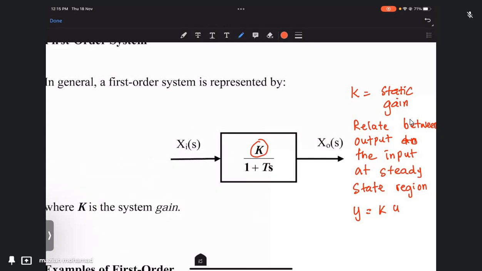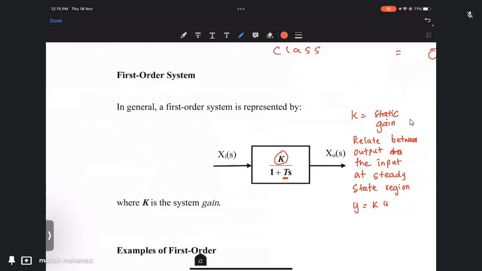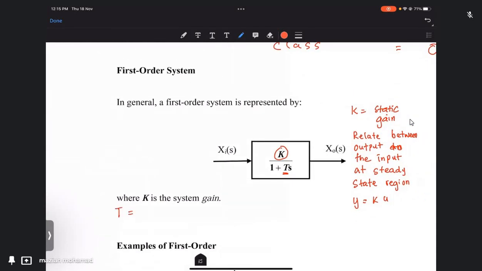The second parameter here is t. Okay. So t here is known as time constant. The definition for the time constant is time taken to reach 63.2% of final value.